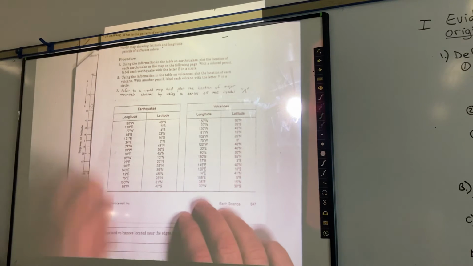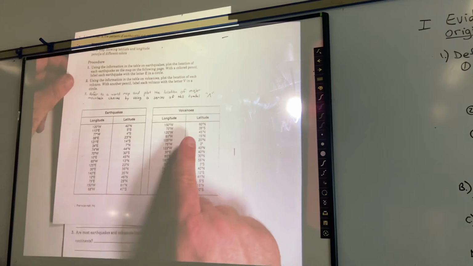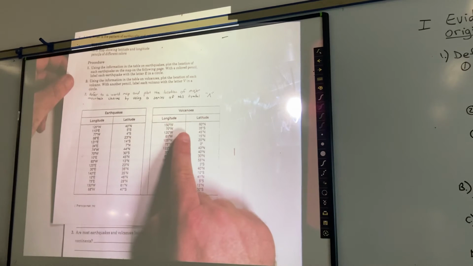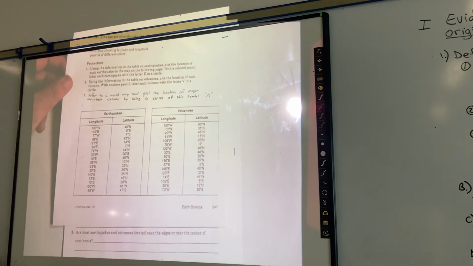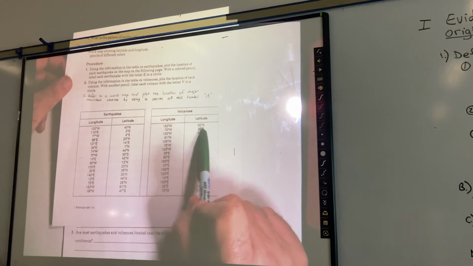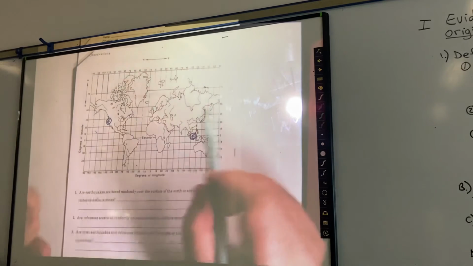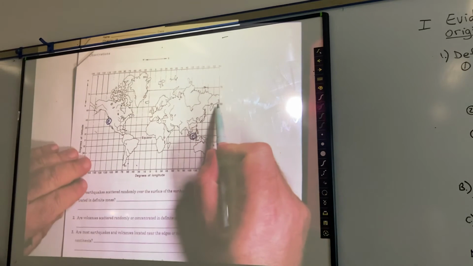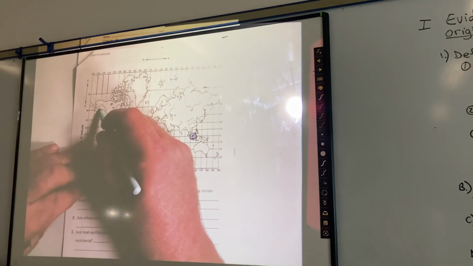Once you've done that, pick a different colored pencil and plot the location of the volcanoes with a little V with a circle around it. For example, one volcano is 60 north, 150 west. That would be right about there. So I put a little V with a circle on it in a different color.